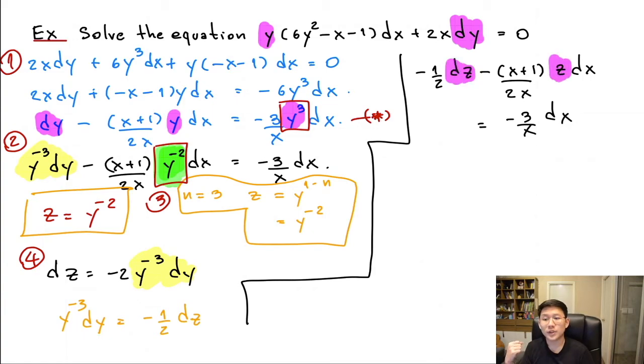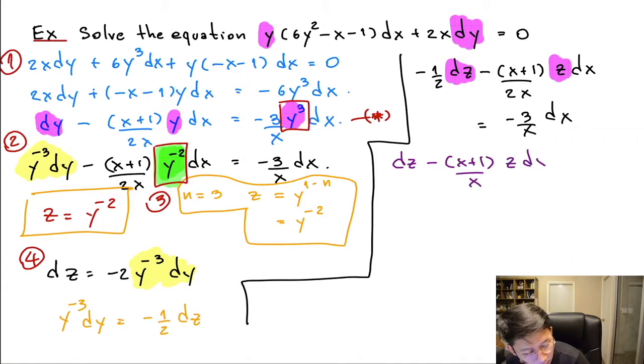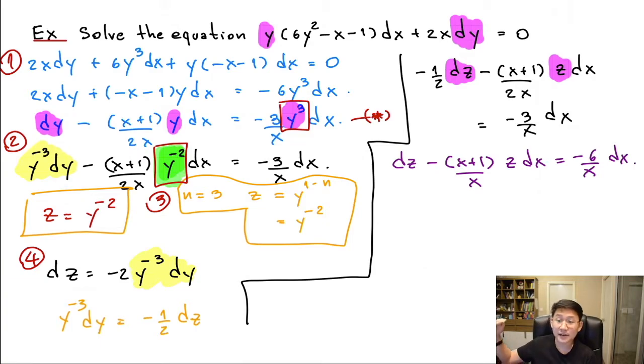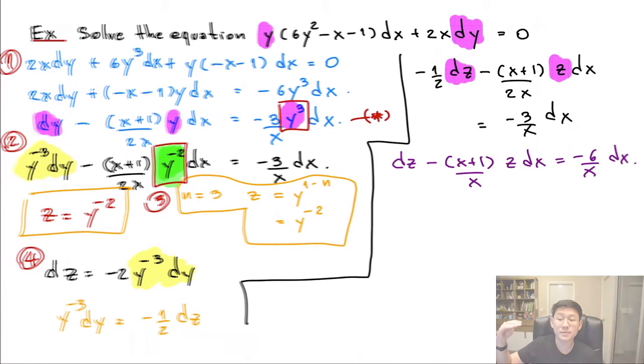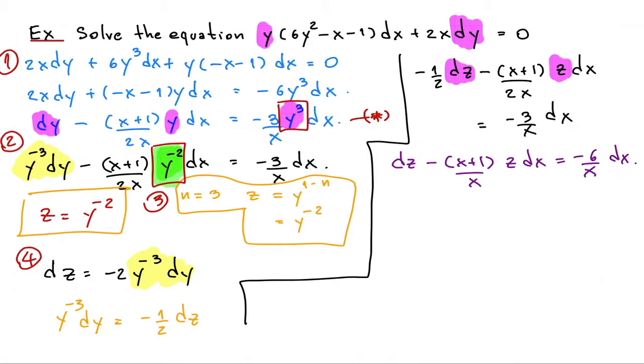We just need to eliminate the coefficient of dz, so I multiply the whole equation by 2. So what I have is dz minus (x plus 1) divided by x z dx equals minus 6 divided by x dx. Okay, sorry, I multiply the whole equation by minus 2. So what I have here must be plus and plus.